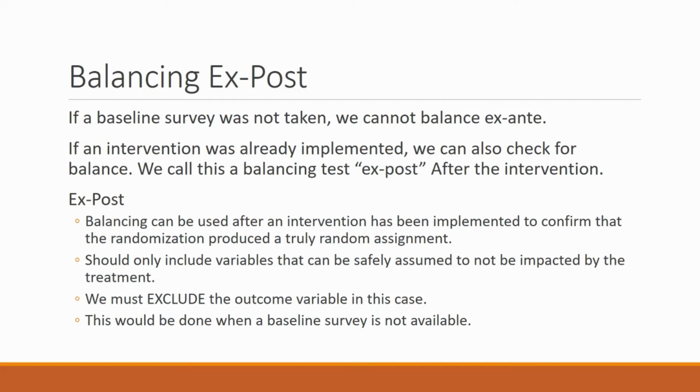Then we can only perform the balancing test on variables that we can safely assume were not impacted by the treatment, by the intervention. We must exclude the outcome variable in this case. We must exclude any variable that we reasonably think could have been affected by the intervention, by the treatment.